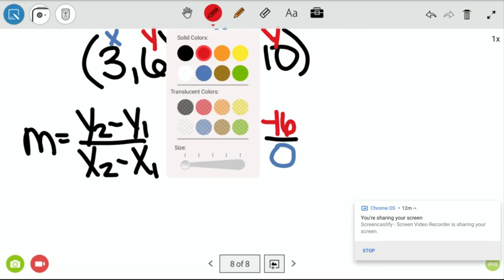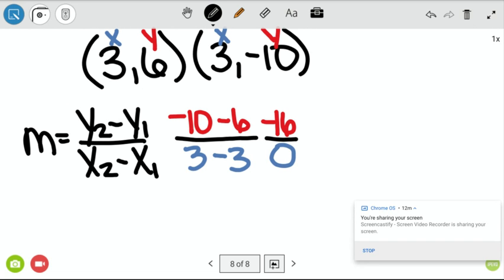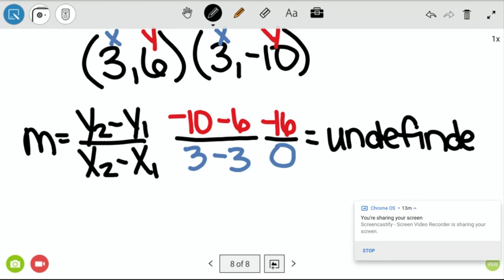So if you actually type in -16 divided by 0 on a calculator, you get an error. You cannot divide by 0, so we actually write the word undefined. Except I got to learn how to spell it. Undefined. So I will tell you, when 0 is under the fraction, it is undefined.